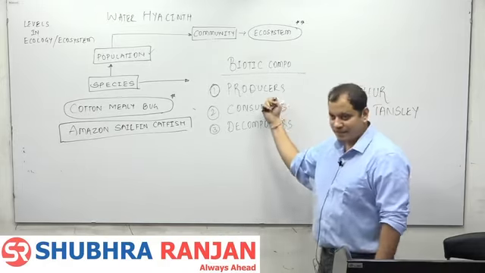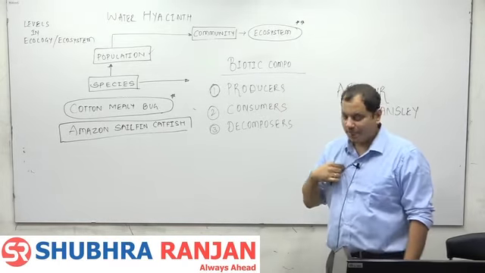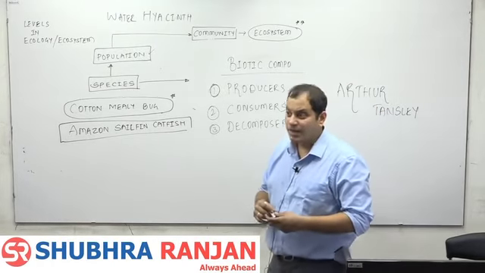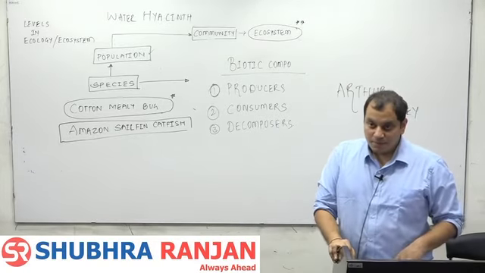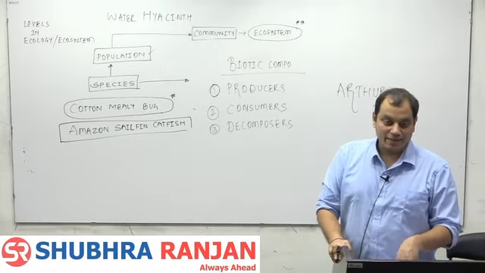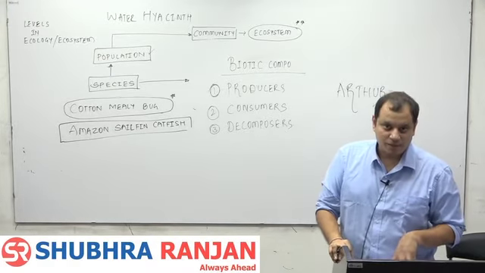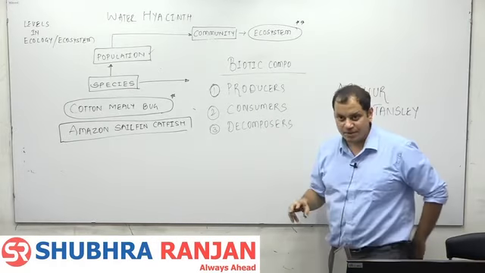Anything that can manufacture their own food is producer. They are one biotic component. Consumer, which will eat the producers for the source of energy. Decomposers, which will convert dead and decomposed complex organic matter into simple organic matter so that it can be used by plants. So tell me one example of producers.